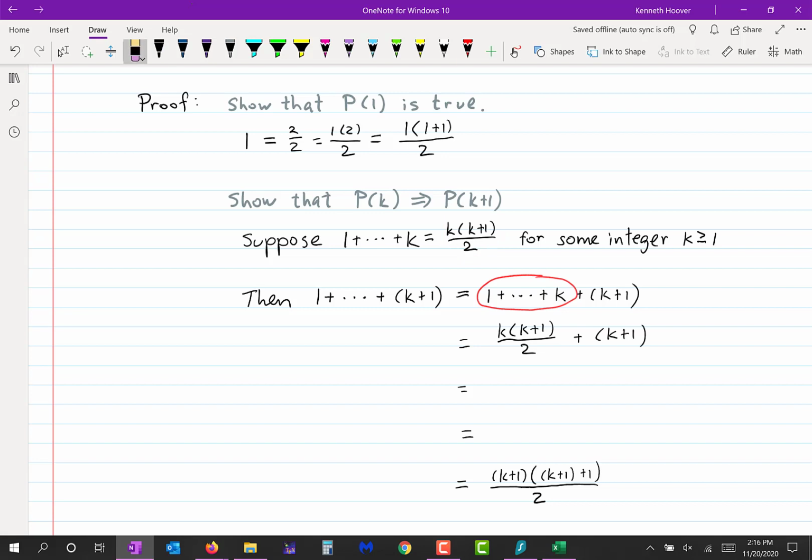Okay. And now I just want to add those together, and hopefully I will get something like that. Let's just do the addition. I need a common denominator. So that would be k times k plus 1 over 2 plus 2 times k plus 1 over 2. Let's add those together.